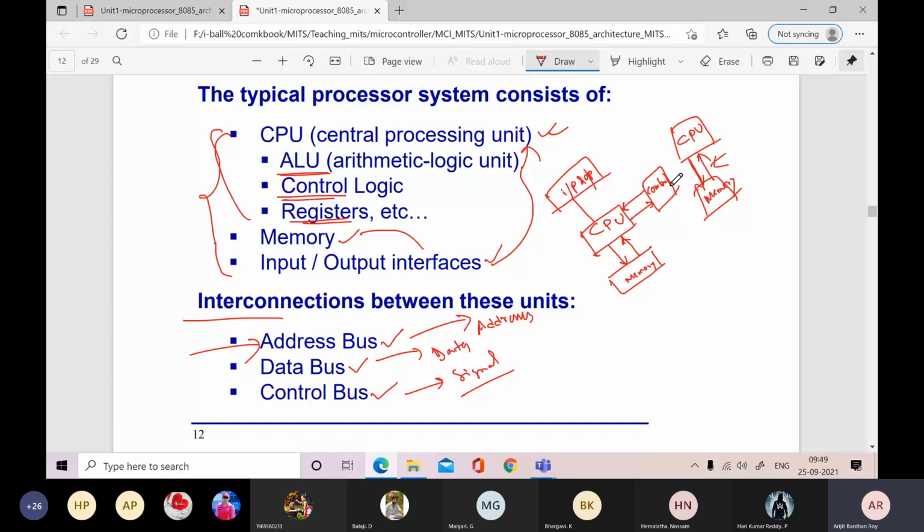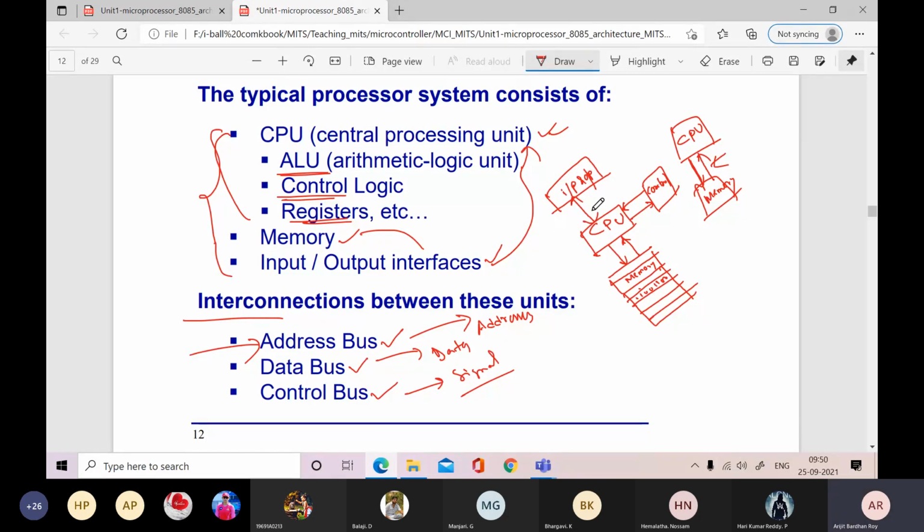Suppose I want to access some data from memory. This is memory, and some data are there. Suppose 11001100. This data I want to access, or I want to copy into the output. So how can I do?